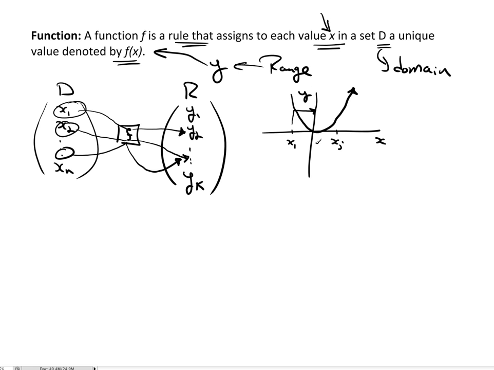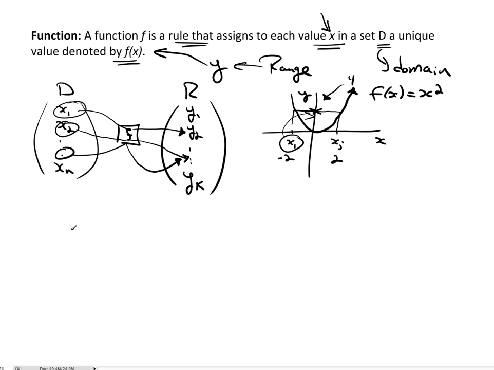I don't know which x it is, it doesn't really matter, it's just another x. Well, guess what? That goes to the same value of y. Perhaps this is -2 and 2, and perhaps y is 4, because I said this is f of x equals x squared. Well, this is a function. There's no problem, because this x only goes to one y. It just happens that we're sharing that y.